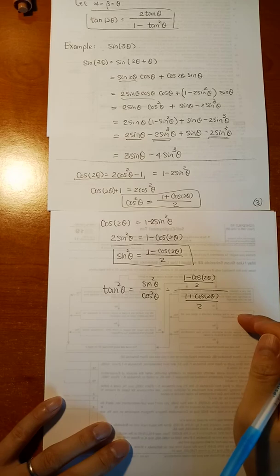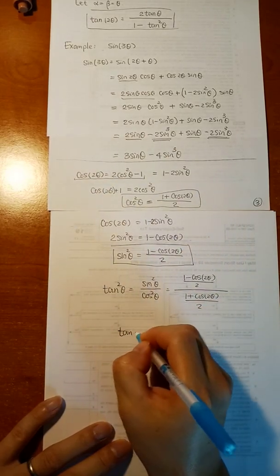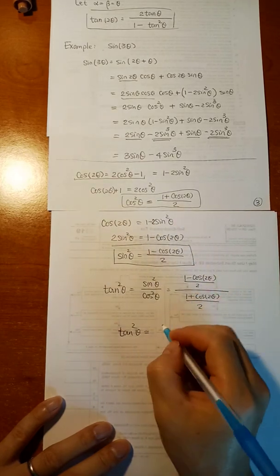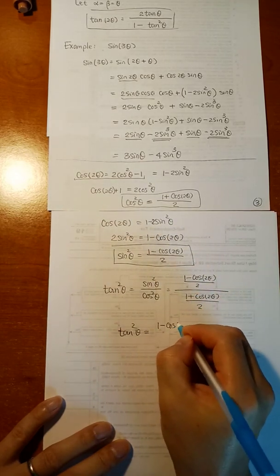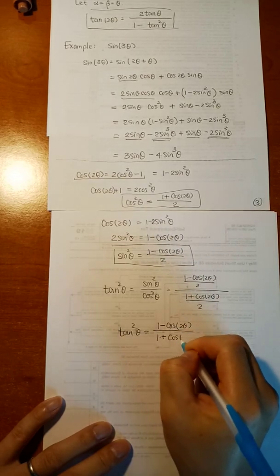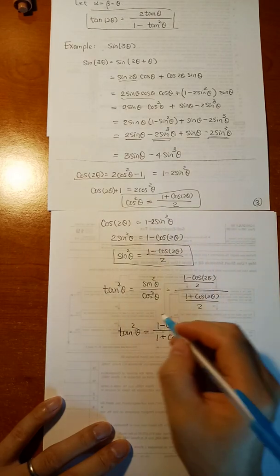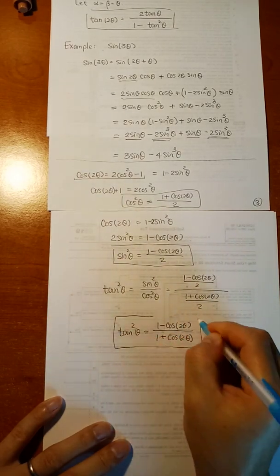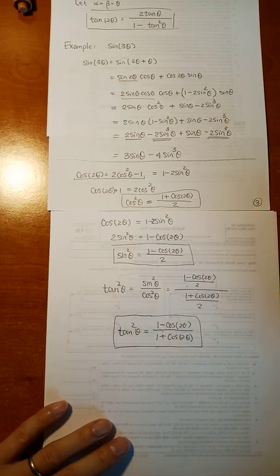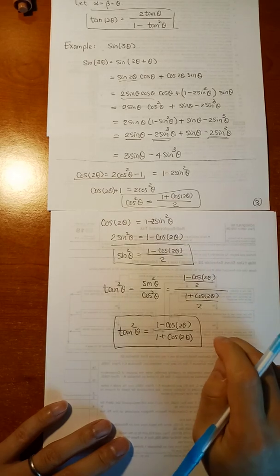You multiply top and bottom by 2, just cancel the common denominator, and you will get 1 minus cosine 2 theta over 1 plus cosine 2 theta. All right, so this is the tangent squared.